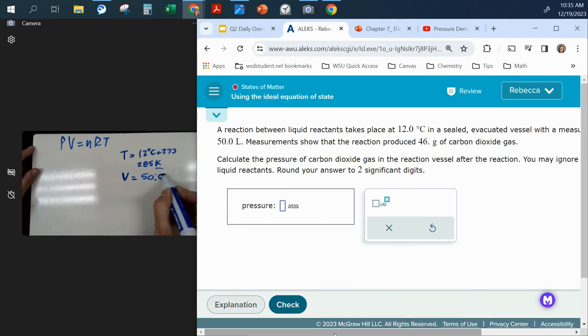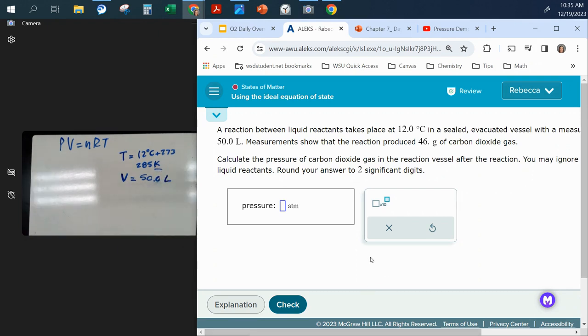Liters, 3 sig figs. And the reaction produced 46 grams of CO2. So that's mass. So this has to be in moles.